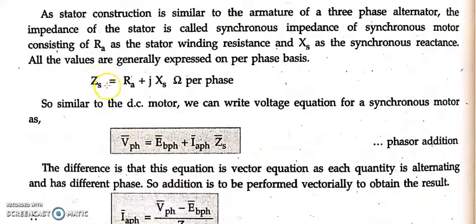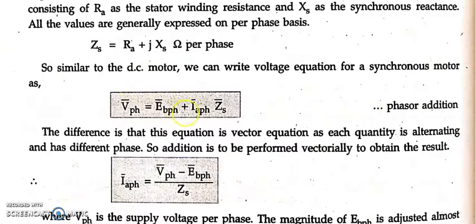Your synchronous motor is similar to a three-phase induction motor. Here also there is a synchronous impedance in the stator per phase. I can write ZS equal to RA plus jXS ohm per phase. We will have three such phases; this is only one phase. Here RA is the armature resistance and XS is the synchronous reactance of the stator per phase.